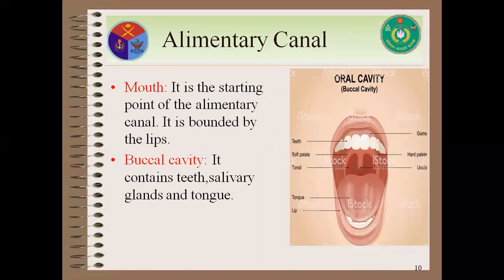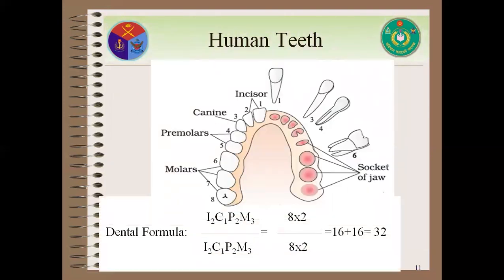Mouth. It is the starting point of the alimentary canal. It is bounded by two layers. Buccal cavity is also called the oral cavity. It contains teeth, salivary glands, and tongue. Here you can see an image of human teeth.